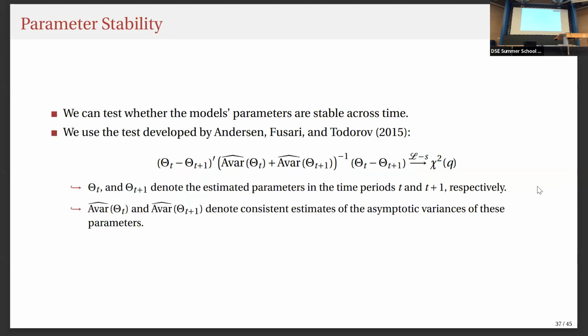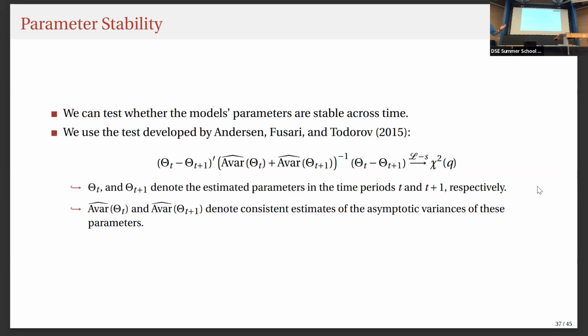The last thing I want to talk about is using these techniques to do structural estimation and get at a measure of parameter instability. I mentioned at the beginning that these models are somewhat internally inconsistent, because we allow the parameters to change over time when we apply them in practice.